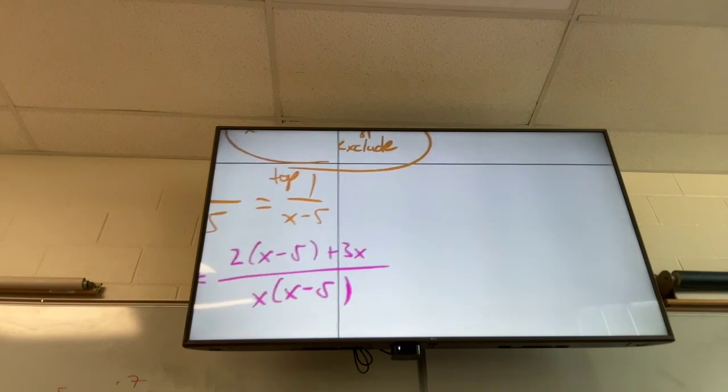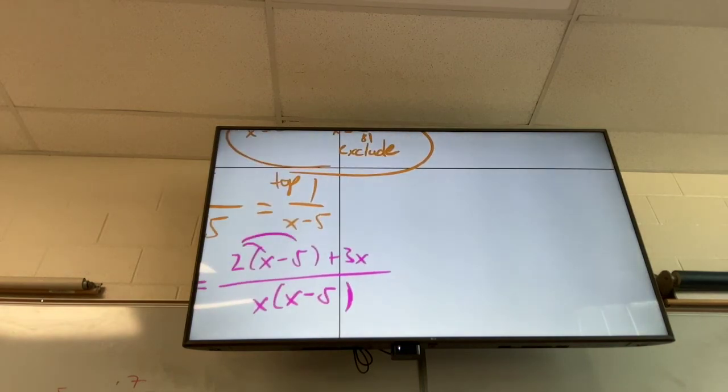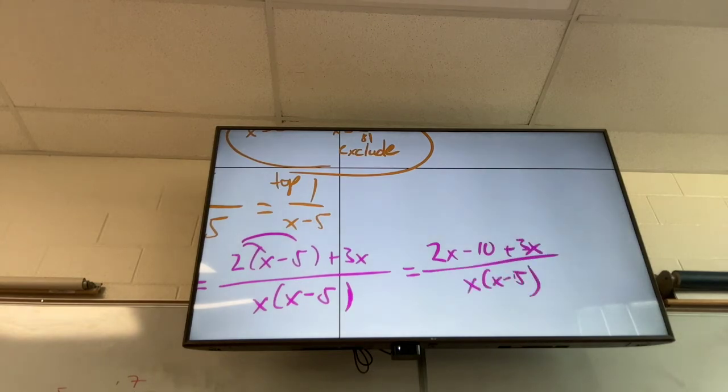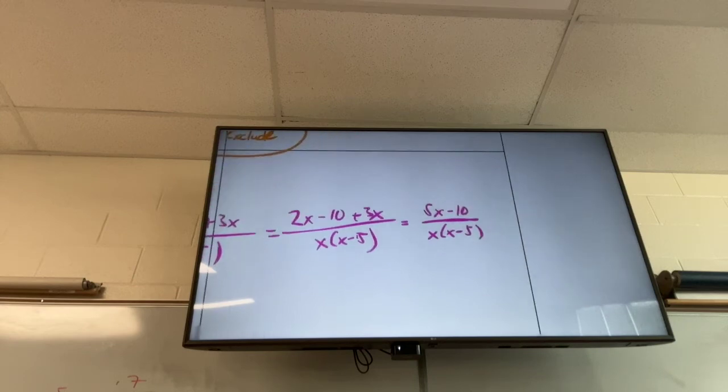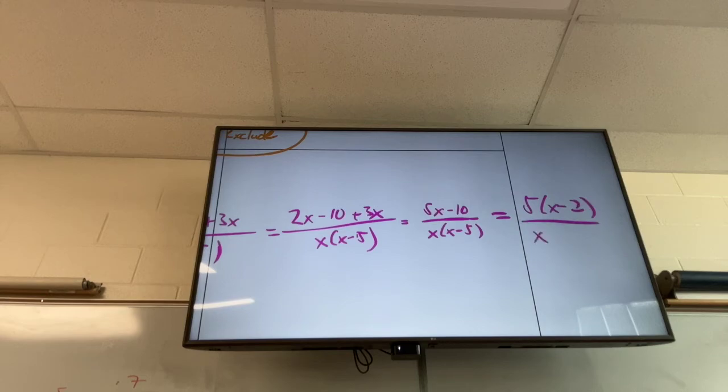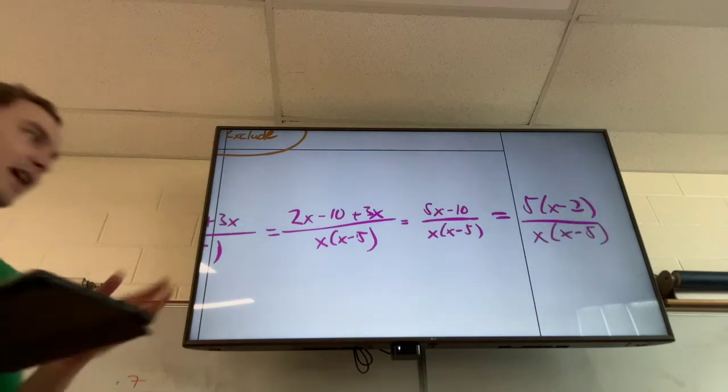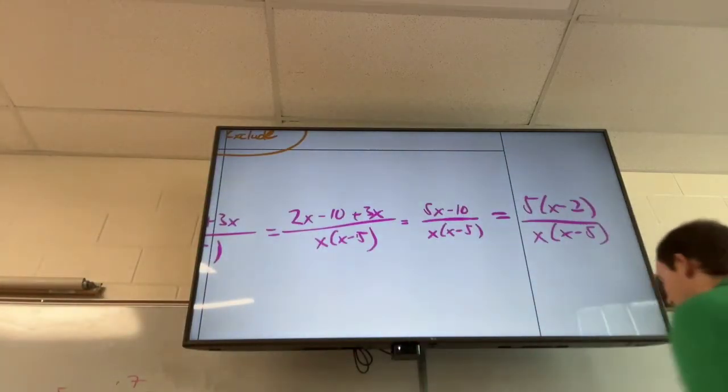So let's distribute the top, and then combine our like terms. It's just going to be a lot easier. My third step is going to be a lot easier if I do this. And this is not a factoring review, so I'm just going to whip through some of the factoring.